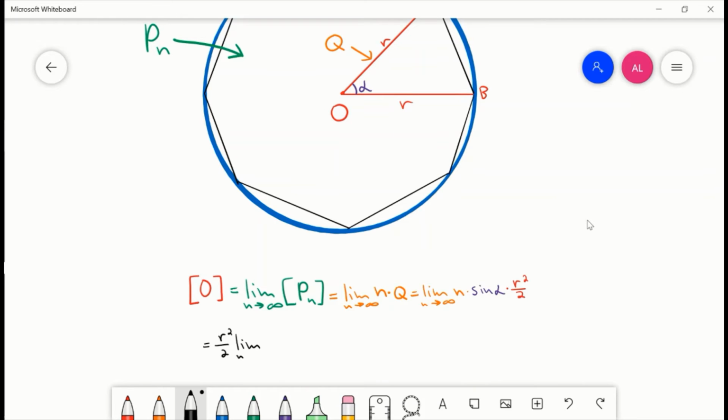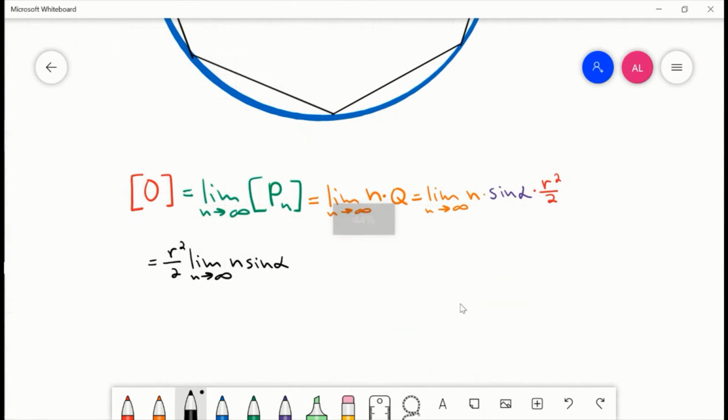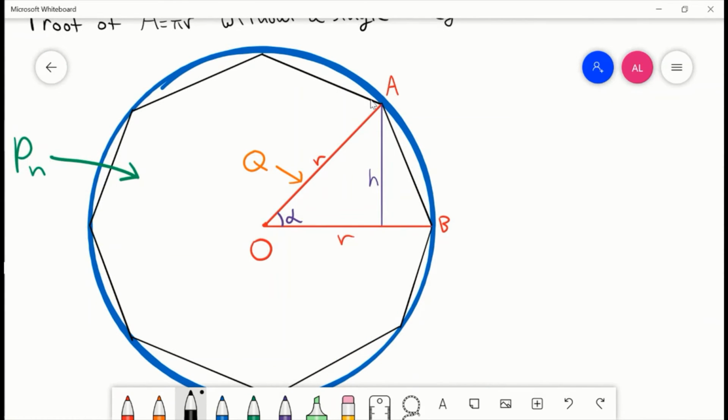Now, we can do some trigonometric calculations. So right now, we are going to try to see what is the value of the sine of alpha as n gets really large. So first, we are going to drop the altitude from A to OB. And the sine of alpha is h over this radius. Now, let's notice this fact right here.